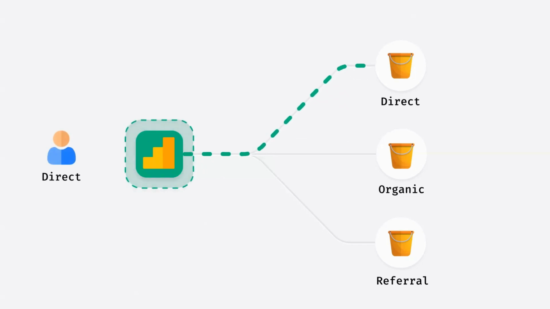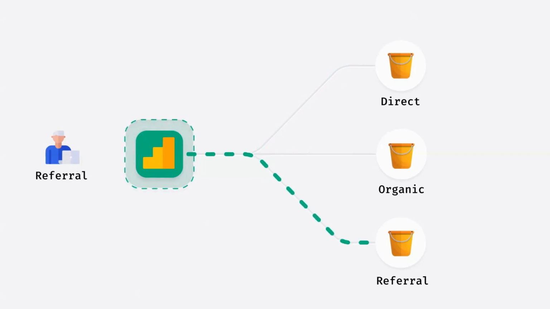Okay, so picture this delicious animation. We have 3 types of users coming on our website and getting captured by Google Analytics 4. Each of them is going to be labeled by their source, and thus it's going to finish in a particular bucket. So in this case, it's going to be a direct user in the direct bucket, an organic user in the organic bucket, and a referral in the referral bucket.